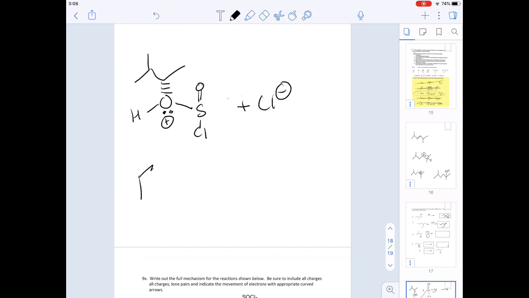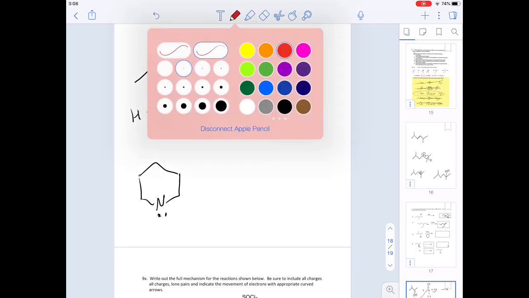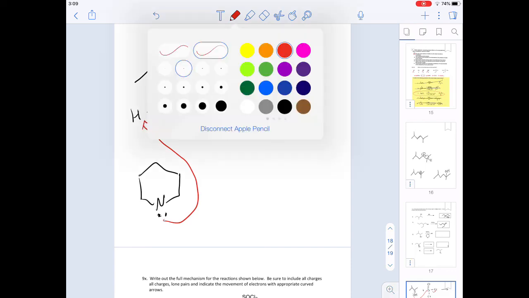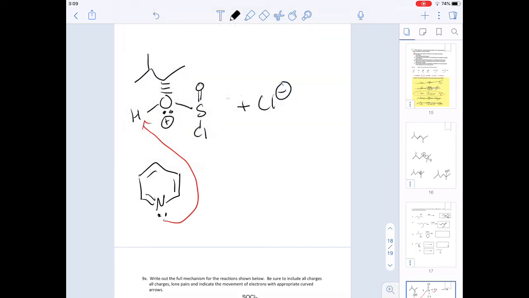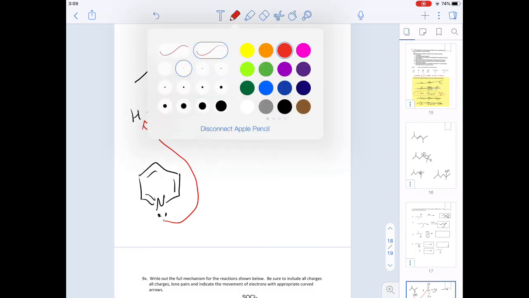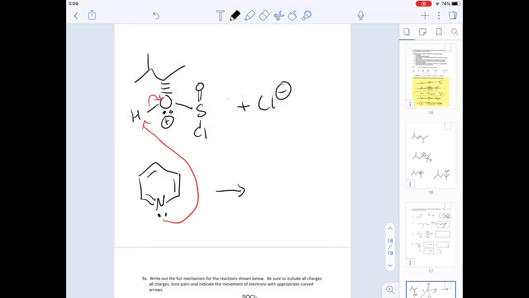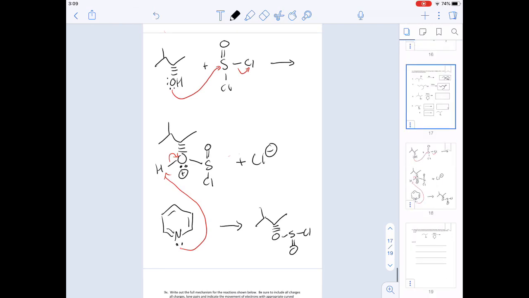And the next step, you're going to have pyridine. Pyridine is going to come in and remove the H on the O. So deprotonate it. I forgot my double bonds in pyridine. Okay. And that is going to give you this product. Alrighty. And I'm going to erase to add the next portion.